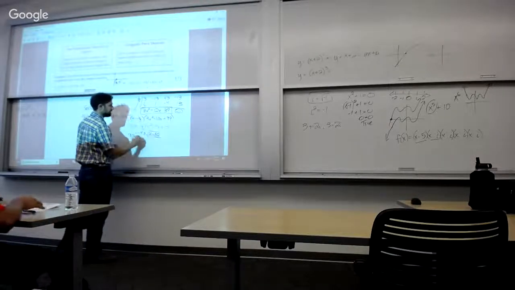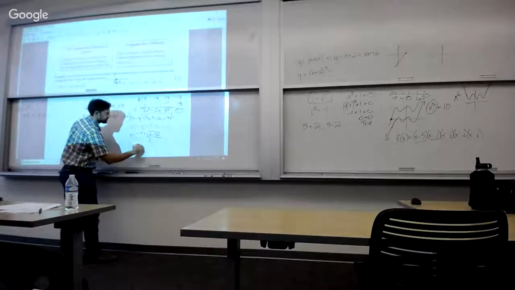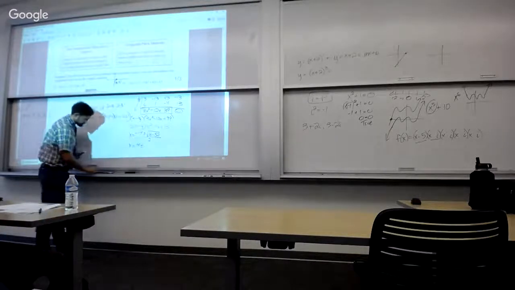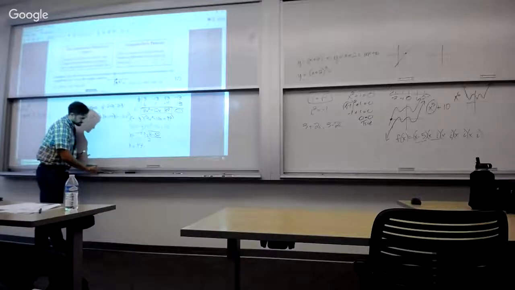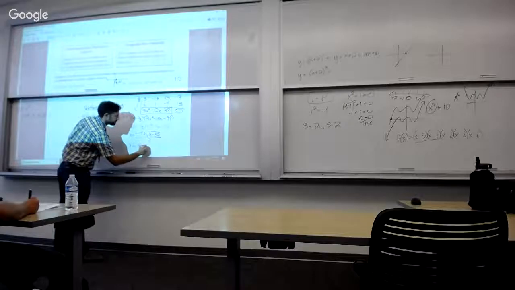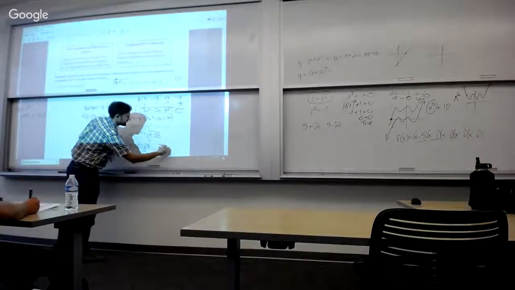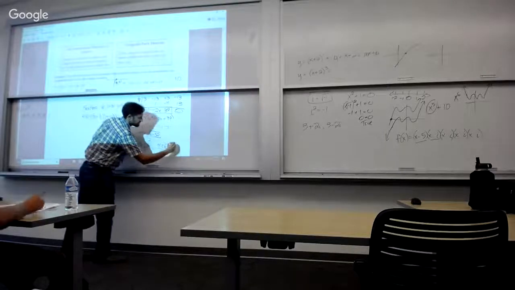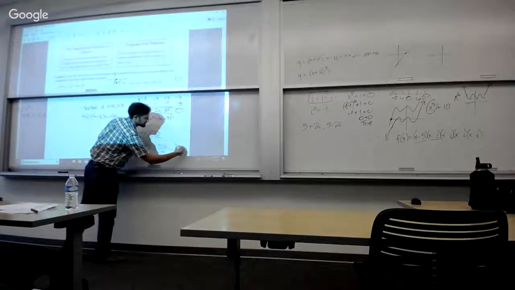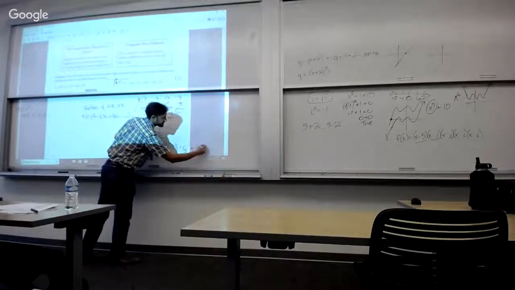Yeah. All over 2a. And so that would give us x equals 4 plus or minus, what's 16 minus 52? 36. All over 2, which is 4 plus or minus 6i over 2, which is 4 over 2 plus or minus 6i over 2, which is 2 plus or minus 3i.